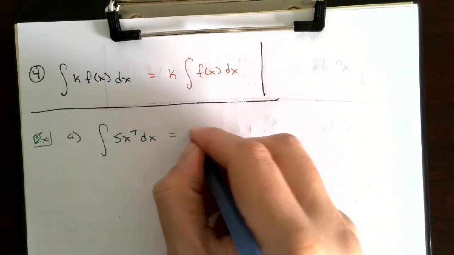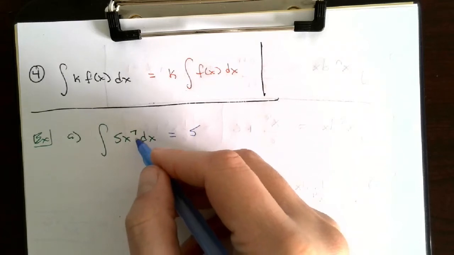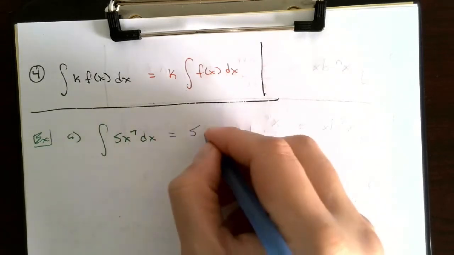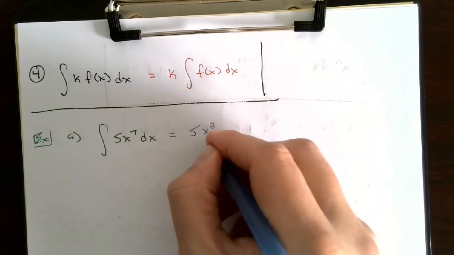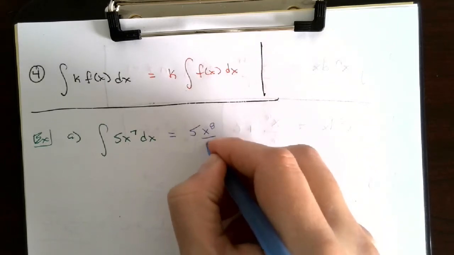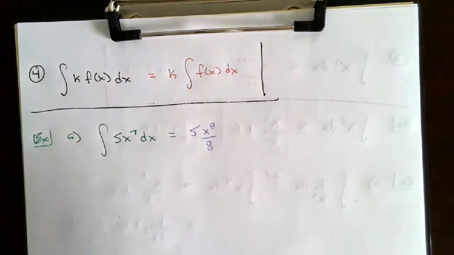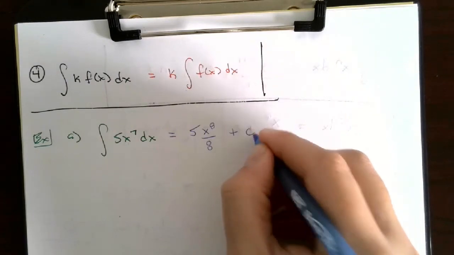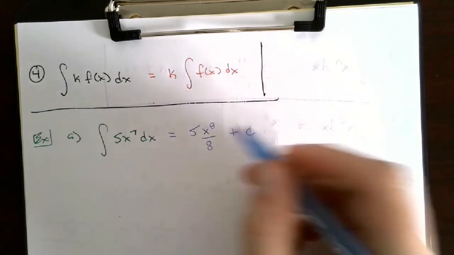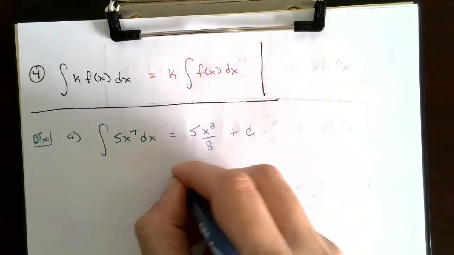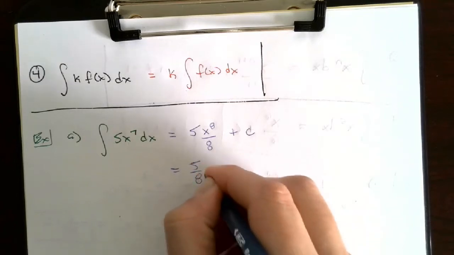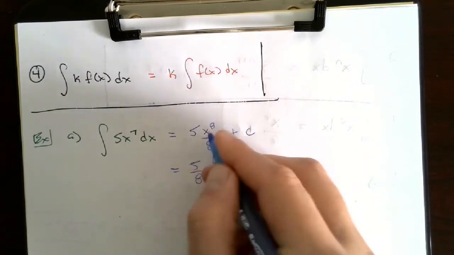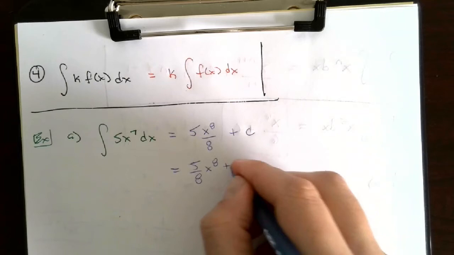You can keep 5 in front. And then how do you take the antiderivative of x to the 7th? Well, you would add 1 to the exponent, so it becomes x to the 8th. And you divide by that same new exponent, so you divide by 8. And then we'll put plus c here. A lot of times you'll see people write this as just 5/8 times x to the 8th. You could also put the 5 in the numerator of the fraction.